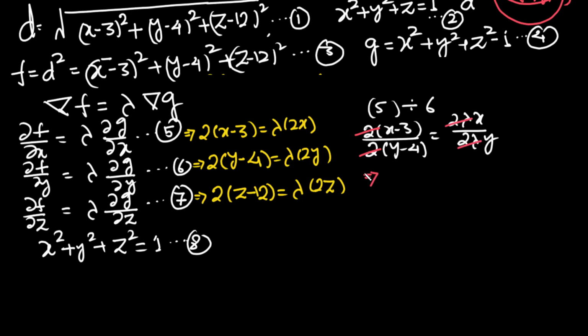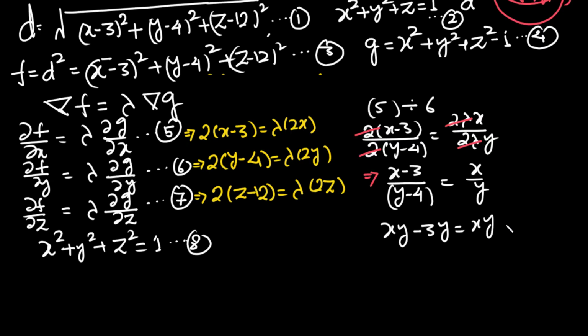So we get x minus 3 over y minus 4 is equal to x over y. We cross multiply, we get xy minus 3y is equal to xy minus 4x. These two terms on the left and right hand side cancel out. So we get from here y is equal to 4x over 3.